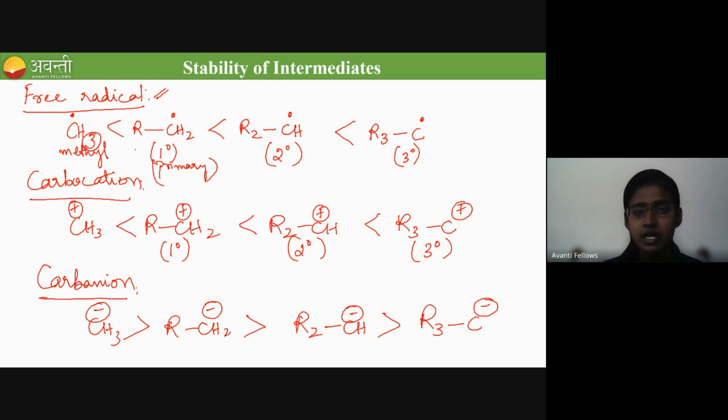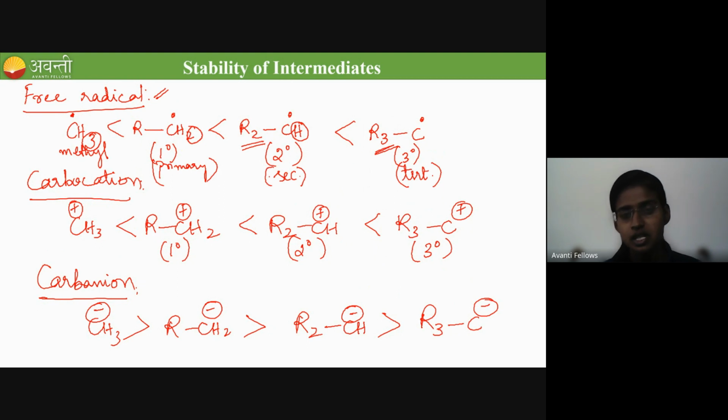If I replace the second hydrogen also with another R group, it is called a secondary free radical. If I replace the third hydrogen also with another R group, it is called a tertiary free radical.